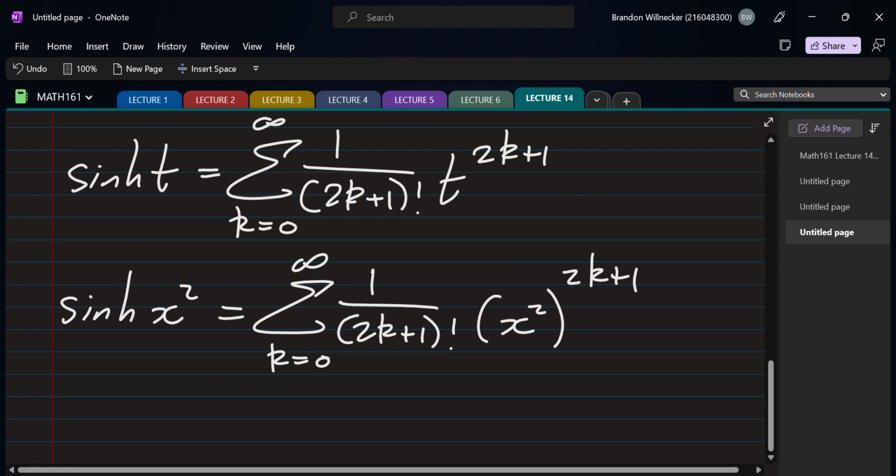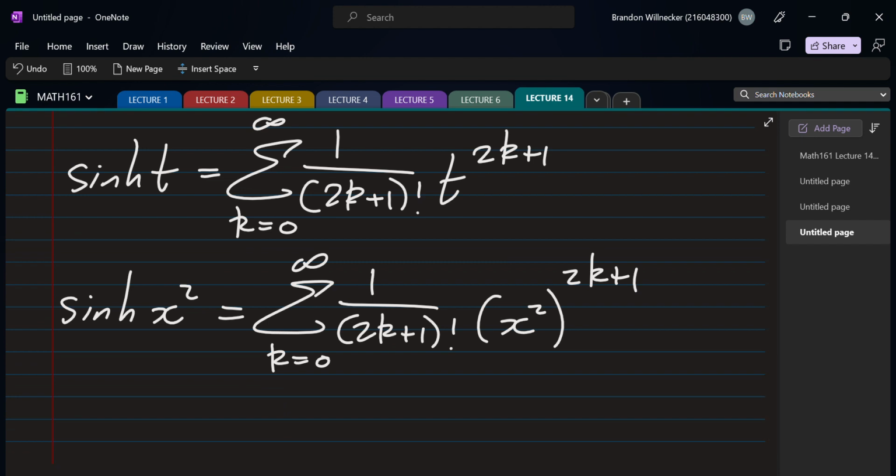Yeah, that's what you have to do. It's easy stuff, you don't have to do anything more than that. It's not so bad. Once you've done a few, like with the cos and the sine and the e to the x, you don't have to redo it. If you remember that sine hyperbolic t looks like that, and I ask you for sine hyperbolic x cubed, you just put in x cubed.